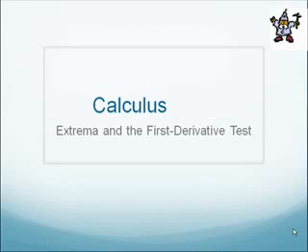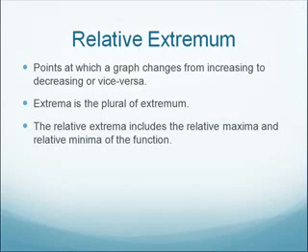So what we're going to look at now is finding extrema points on a graph of a function, and extremum are points at which a graph changes from increasing to decreasing or vice versa.